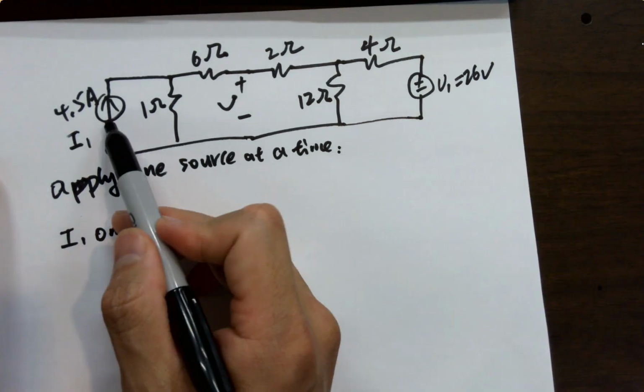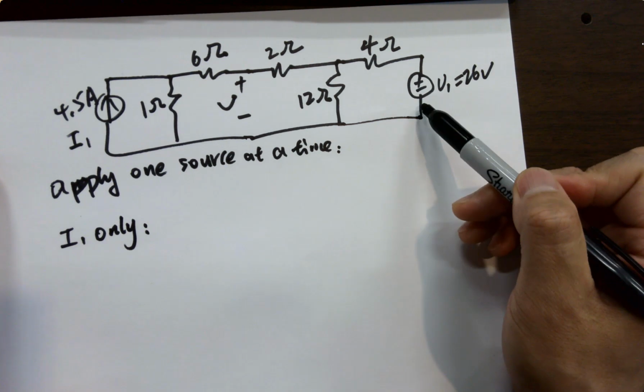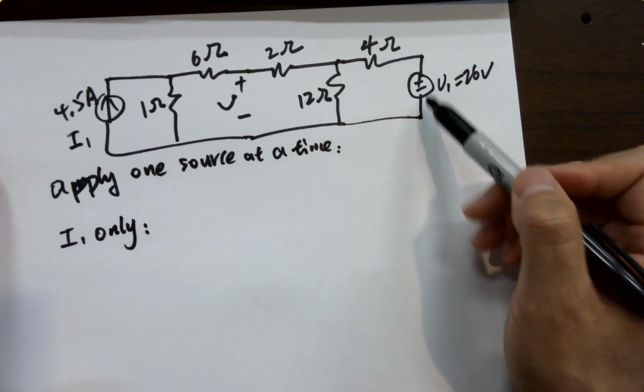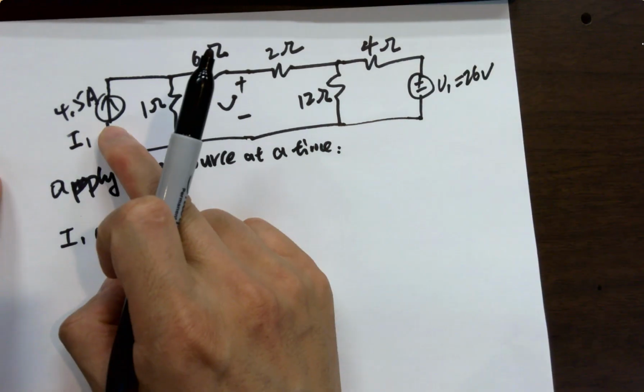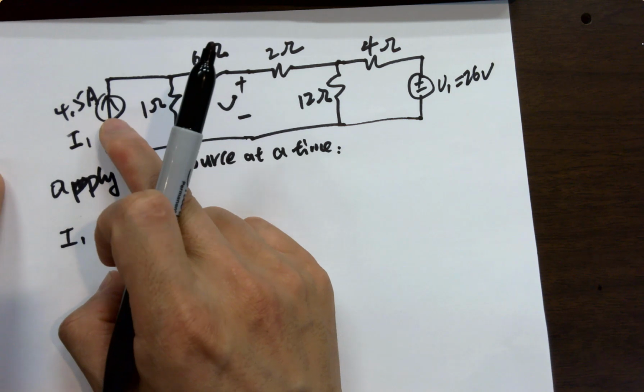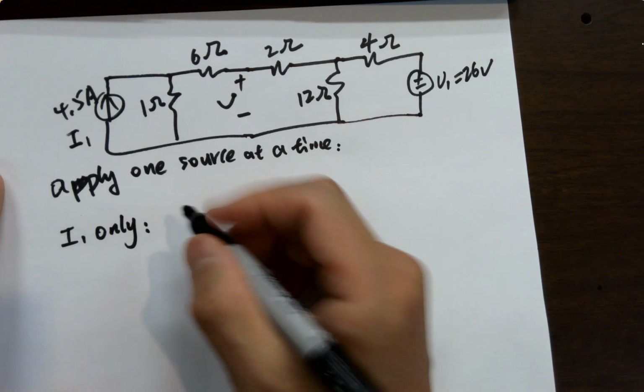If you only apply this current source, all the ideal voltage sources or independent voltage sources should be shorted. It's like a wire, okay? Because you are looking at each independent source's contribution to the circuit. So you apply I1 first.